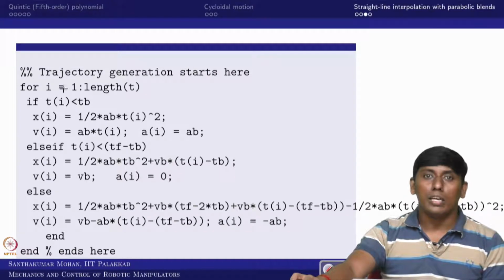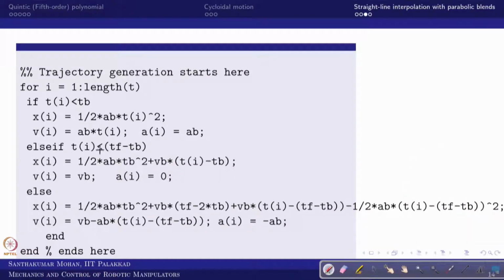Based on that we have written the code, the same thing in the syntax. Now you can see x, v and a are based on AB and VB, so that we have obtained. This is a parabolic, then a straight line, then another parabolic.